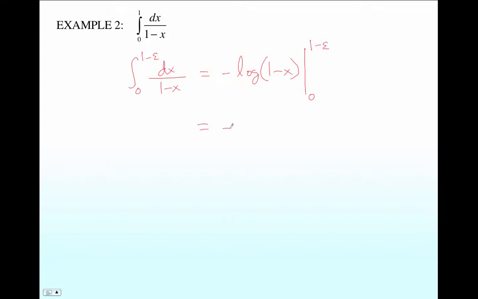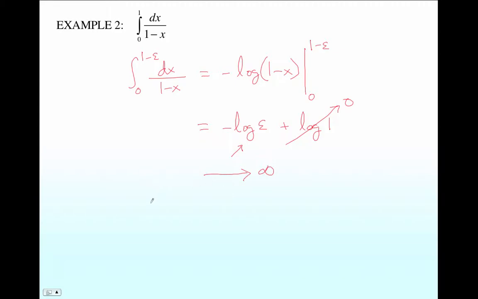And so this becomes minus log of epsilon plus log of 1. The log of 1 is no problem, it's just 0. But there is a problem over here because you see that when epsilon goes to 0, log of epsilon goes to minus infinity, and so this goes to infinity.